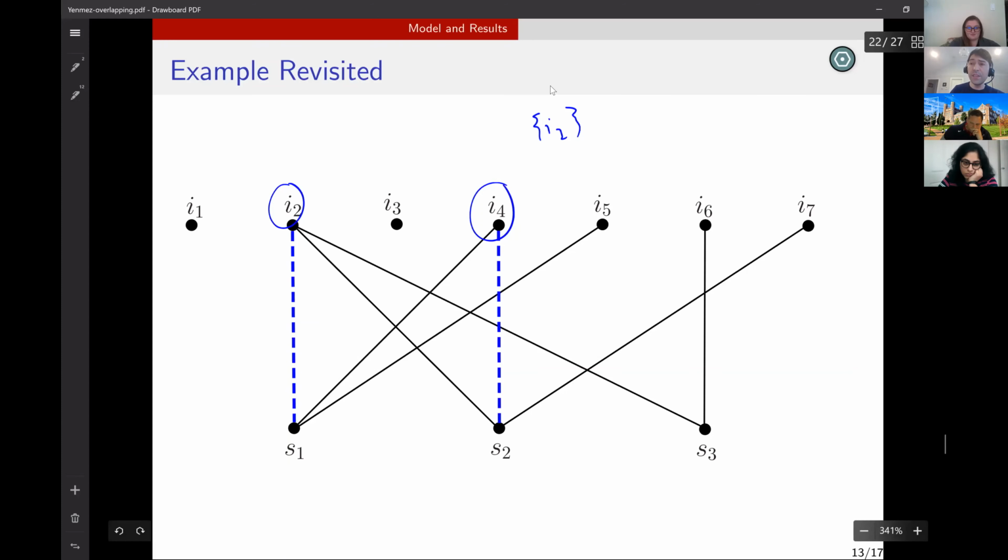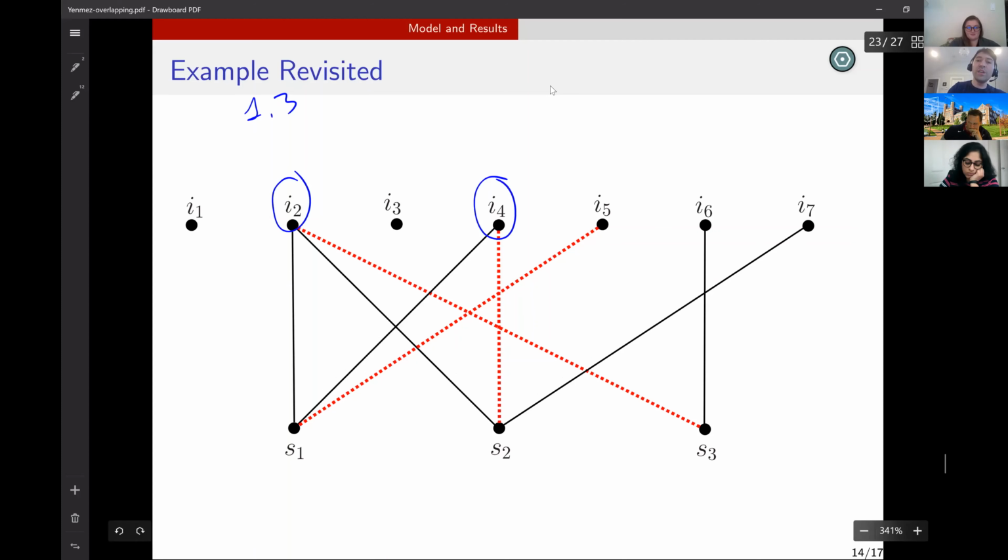So this is step 1.2. That's great. Now let's look at the next step, step 1.3. Here we've chosen I2 and I4 so far. The question is, can we add I5 to the set? The answer turns out to be yes, because I5 increases the reserve utilization of I2 and I4, but this increase can be seen by reshuffling the matching of positions to the individuals.